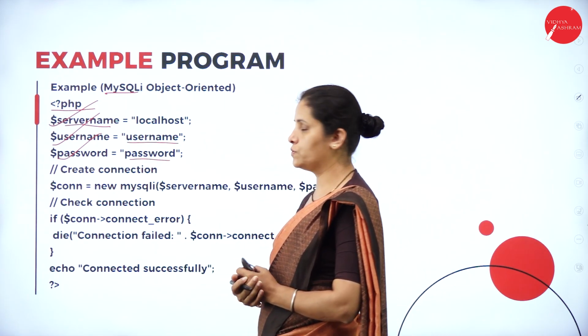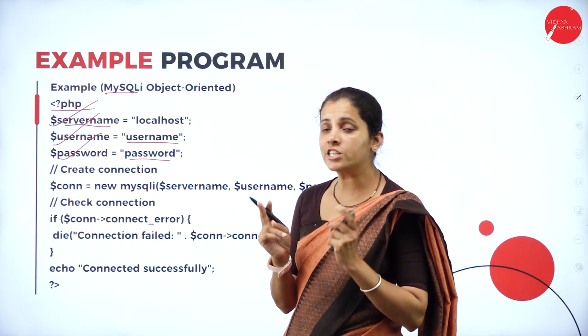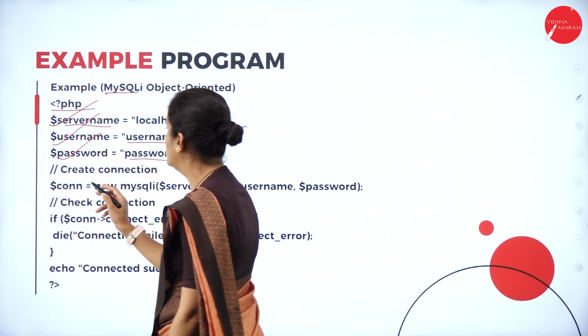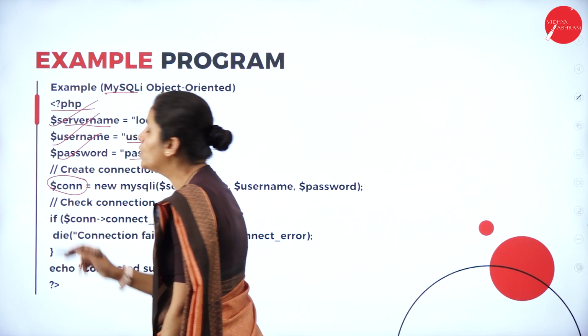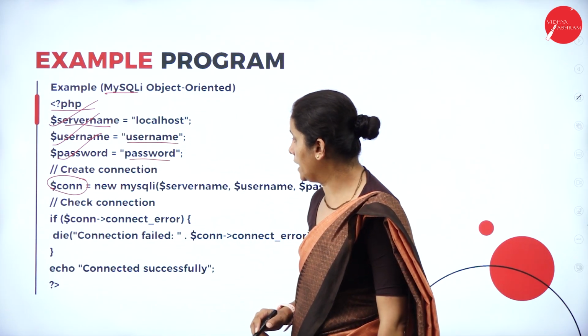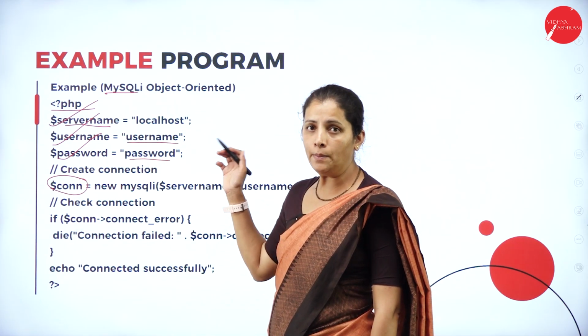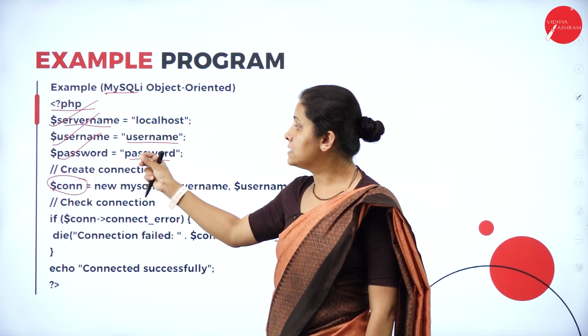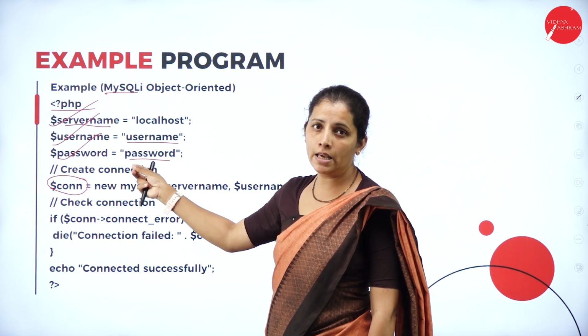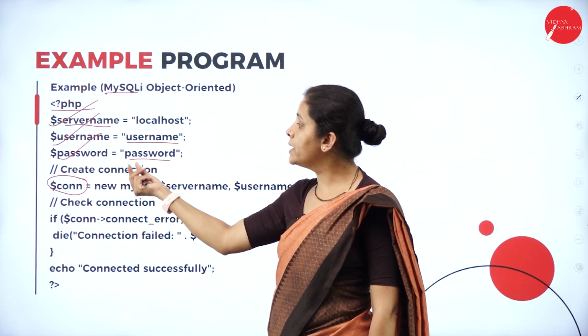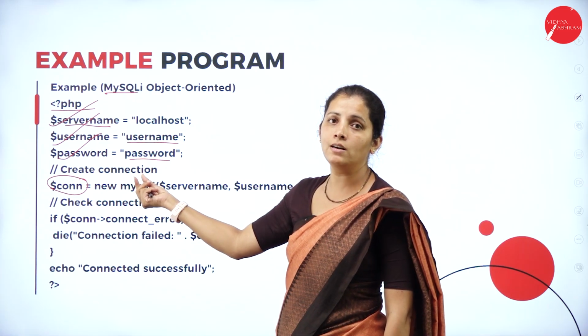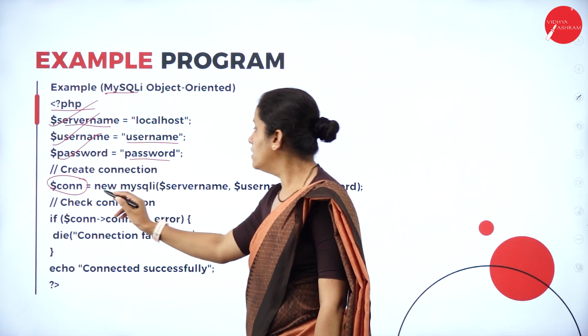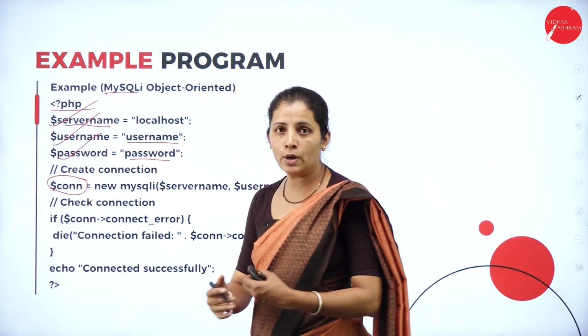All are strings. So I'm going to take a variable called connection. In PHP, if I want to define any variable, we prefix the variable name with the $ sign.